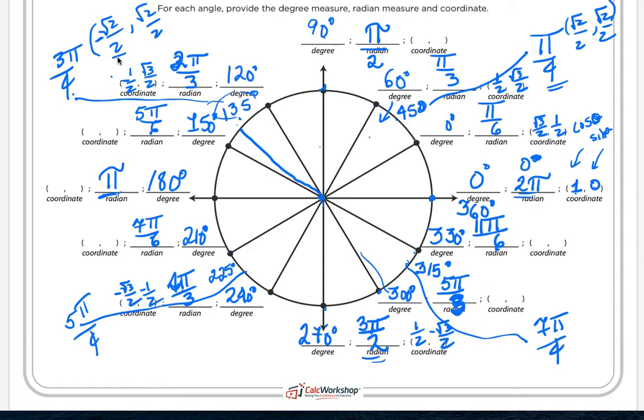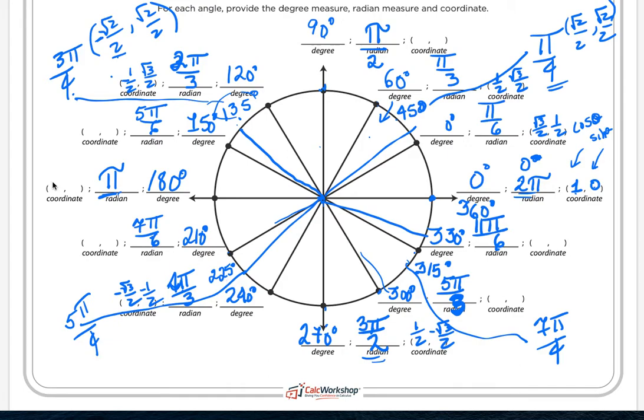And ditto if you did the sine of that. All right, so if you go down here and you fill this out, all these are going to be variations of square root of 2 over 2, every single 45-degree angle, each of the halfway points here.